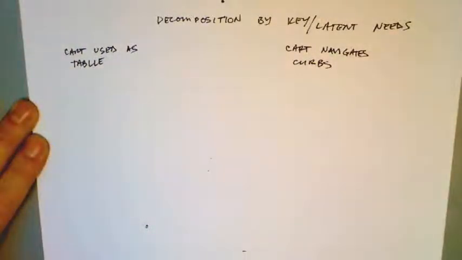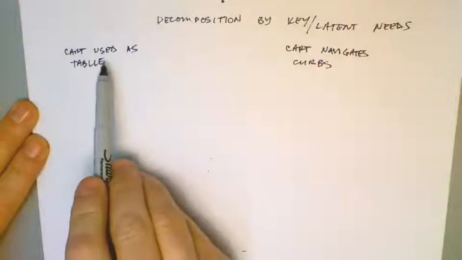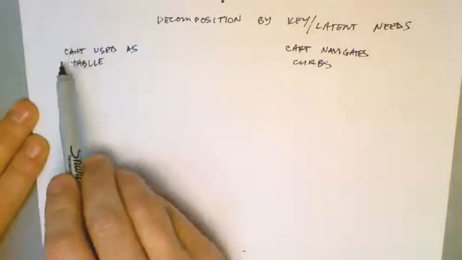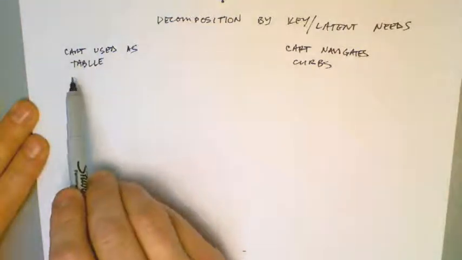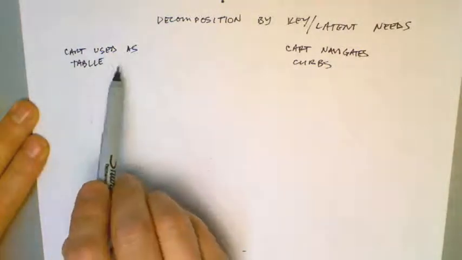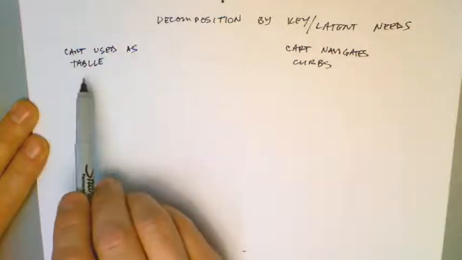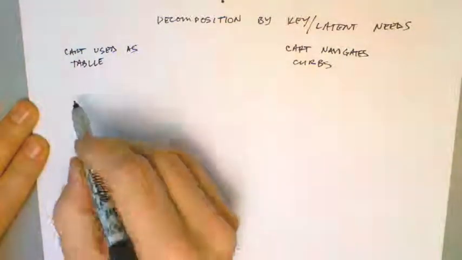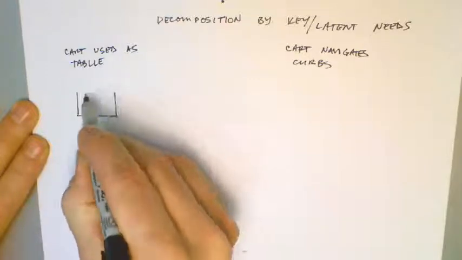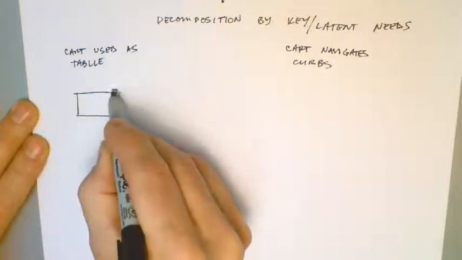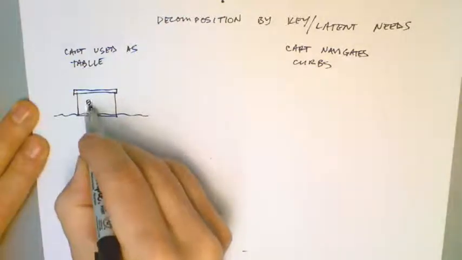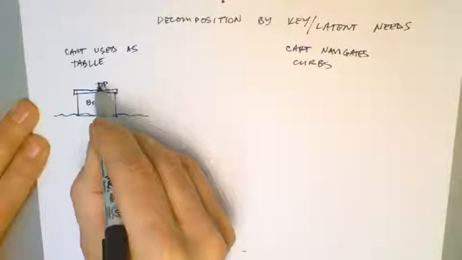So the whole idea here is if you then say, well, let me not solve my cart problem. Let me just see if I can think of different ways to make a table. And so in the abstract, let me just think about what some options for a table might be. Well, one option for a table might be that I have a box and the box has a top on it. All right, so box with top.